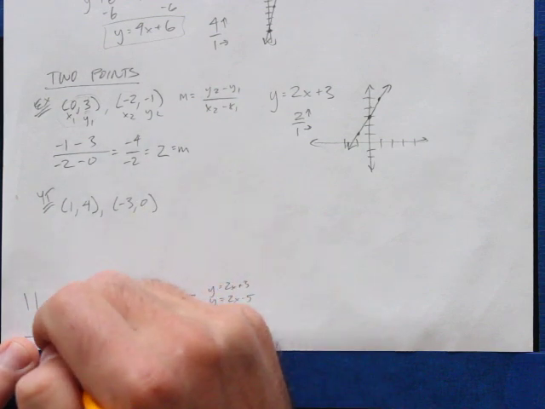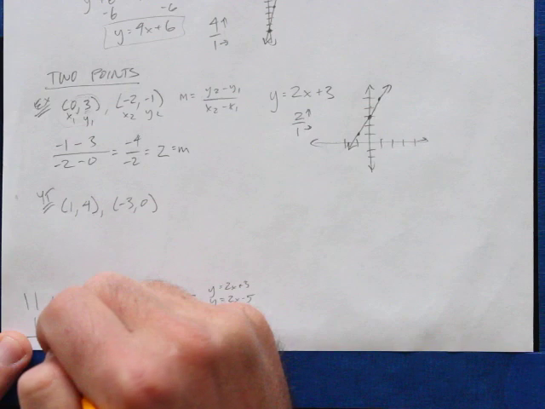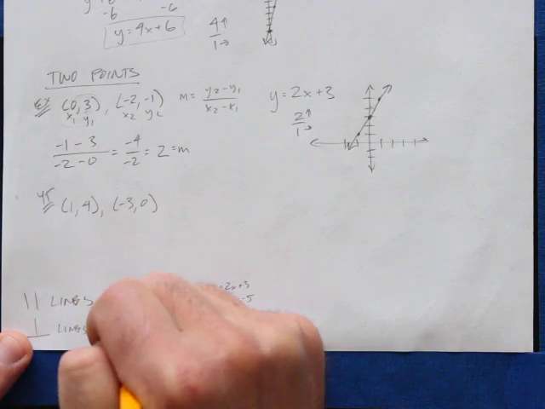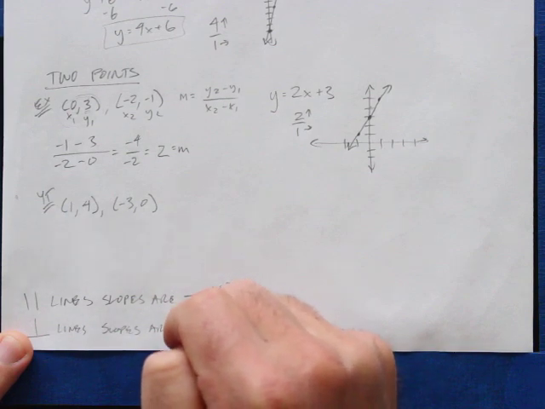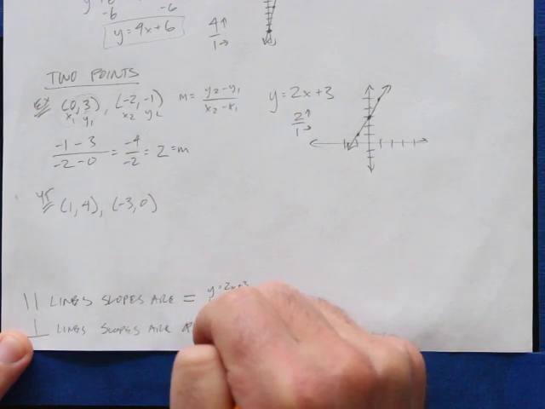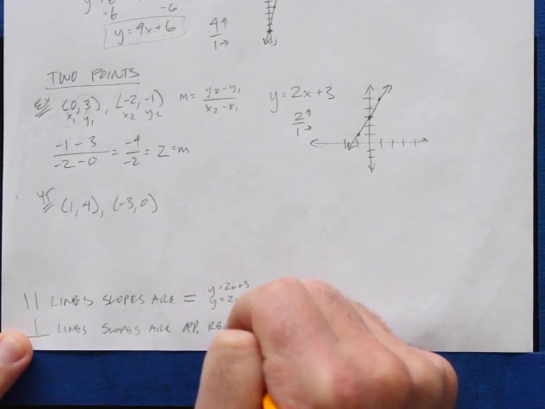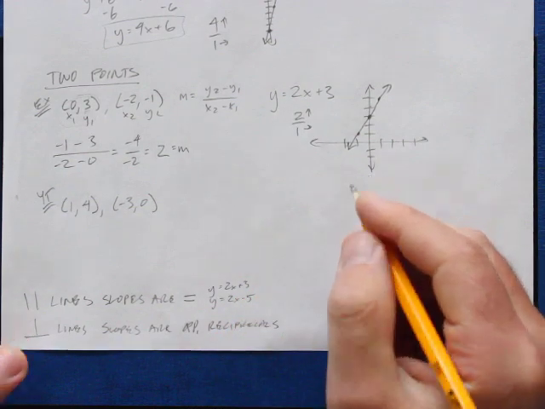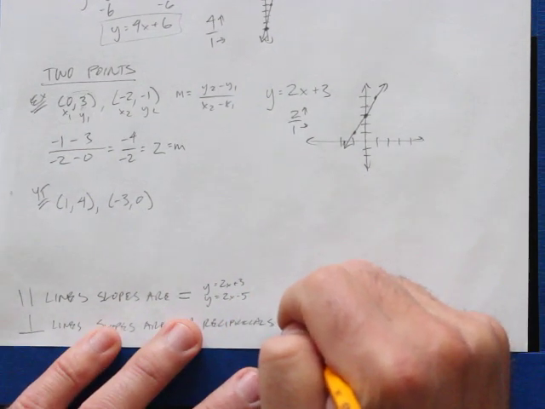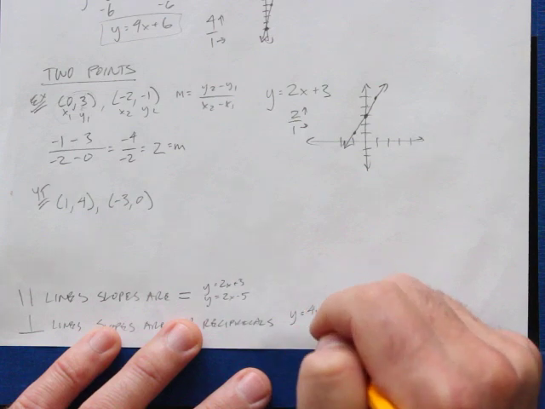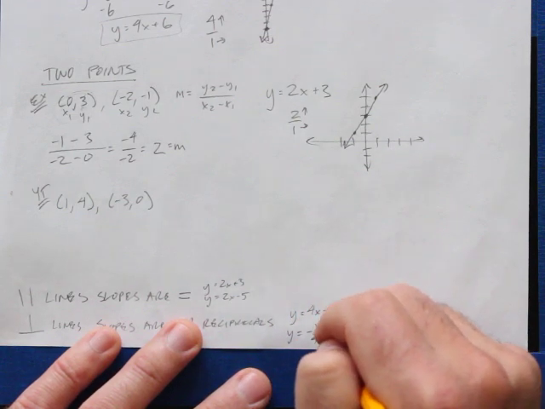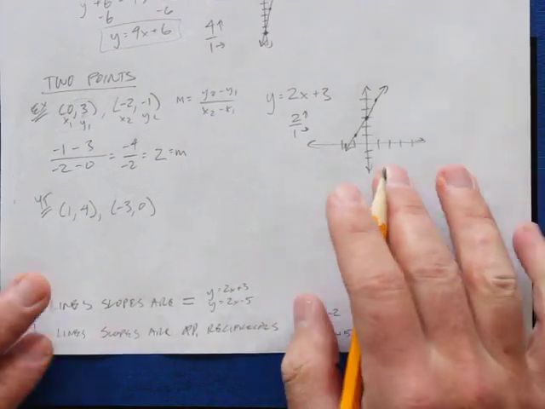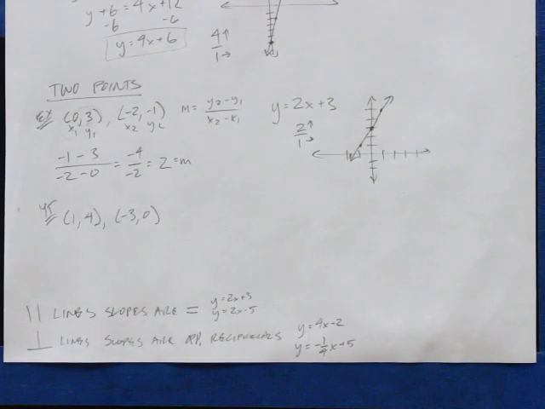Perpendicular lines, slopes are opposite reciprocals. So they would be y equals 4x minus 2 or y equals -1/4 x plus 5 would be examples of that. All right, here's your you-try.